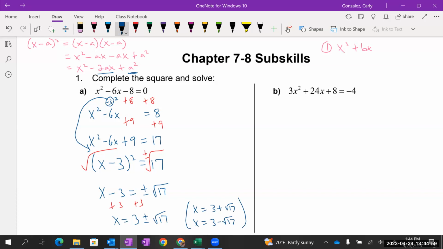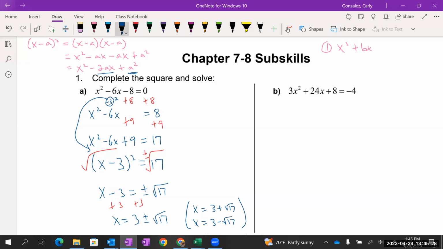All right. This is just an alternative to using the quadratic formula. Where completing the square is helpful is also rewriting our conics.